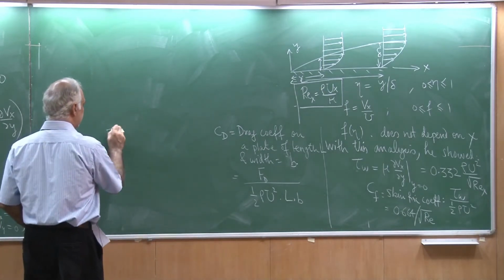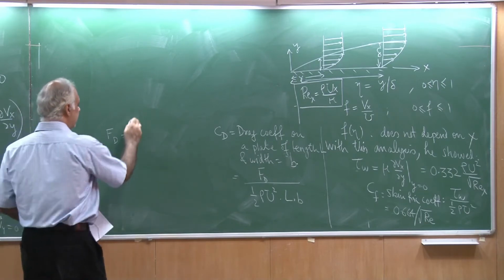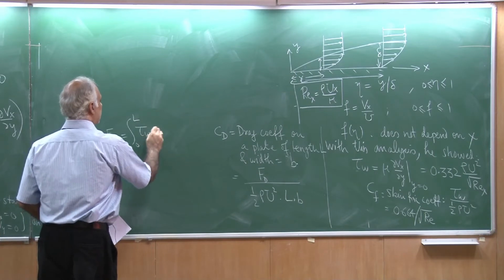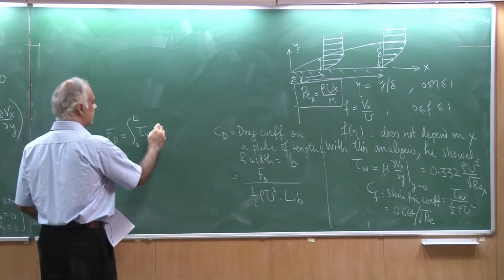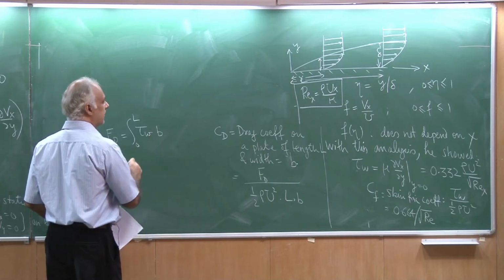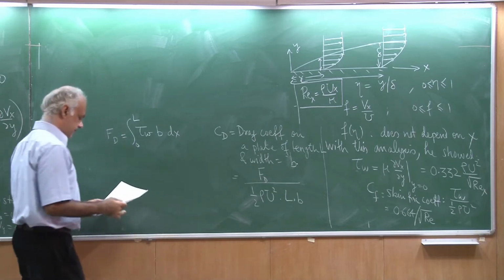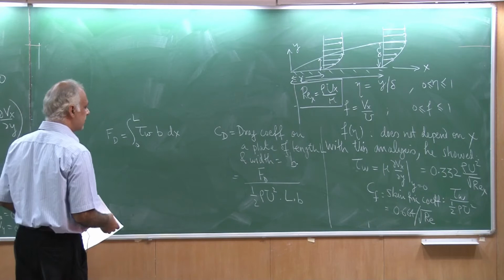And Fd is the drag force that would simply be the integral from 0 to L of the shear stress on the plate times the area, which is b because it's the depth of the plate, times dx. And I can work this out.